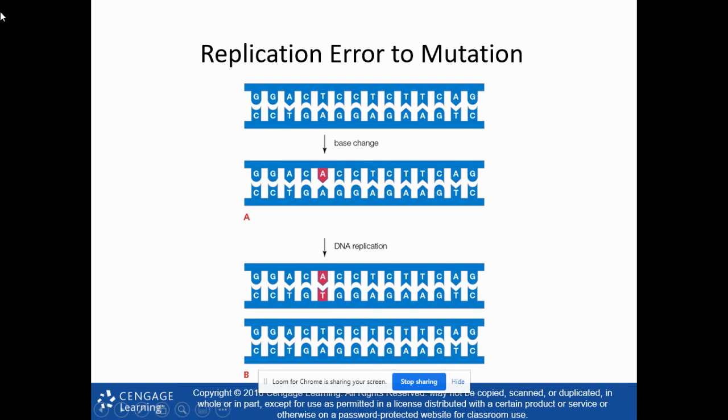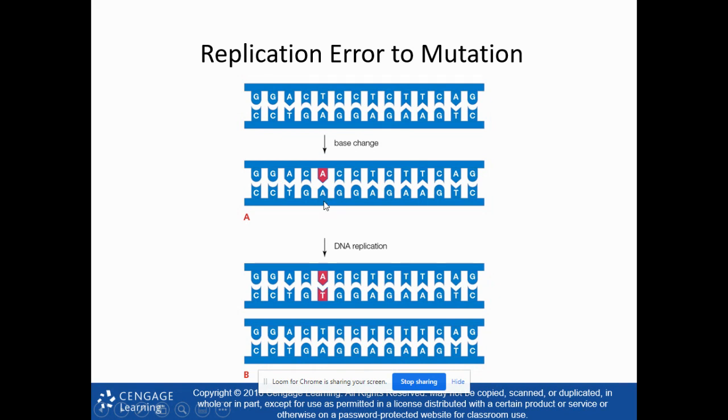All right, so here you have, through replication, somehow an A gets added here when it should have been a T. This A should have been a T, because it's base paired with this A right here.